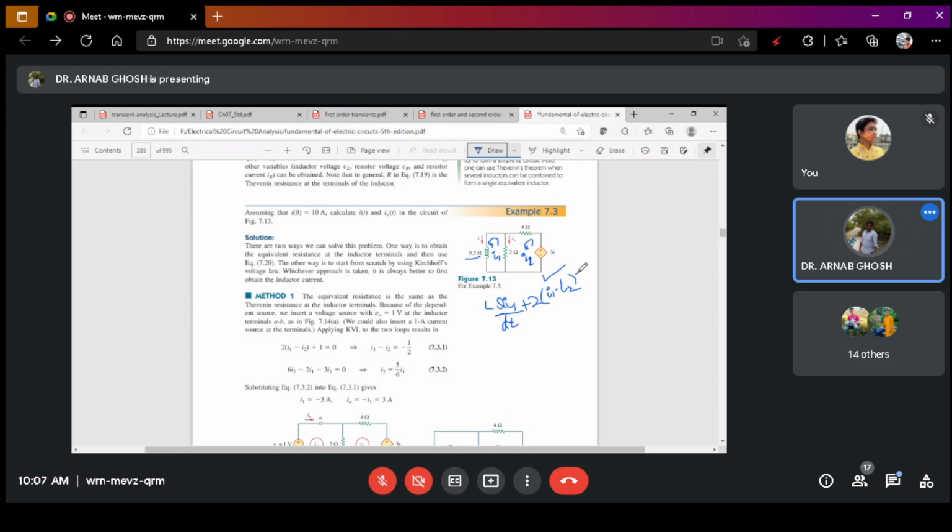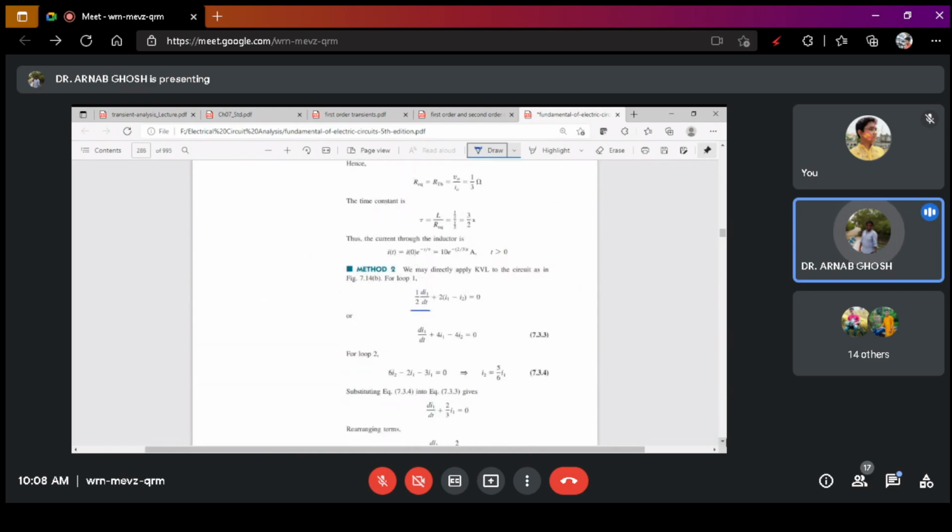L di1 by dt plus 2 into (I1 minus I2) is equal to 0. So this is what you get for the first equation. Just rearrange this and you will get di1 by dt plus 4I1 minus 4I2 is equal to 0. Right?